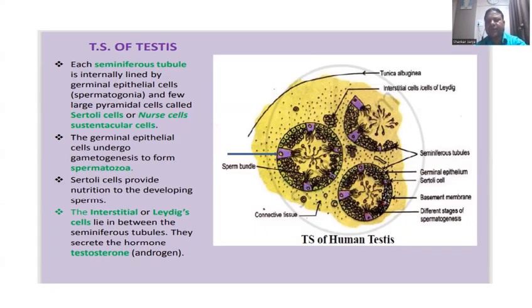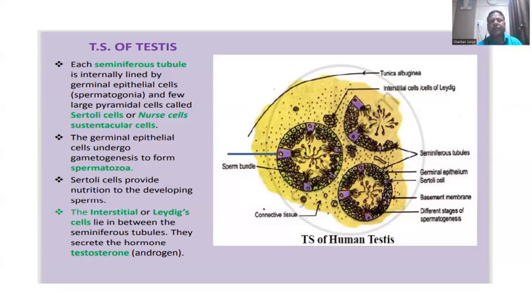From the spermatogonia, primary spermatocytes develop, which develop into spermatids, and finally what? Sperms. So this is called spermatogenesis. And plenty of sperms are attached to the Sertoli cell by their heads and get nourishment from the Sertoli cell, a nurse cell.